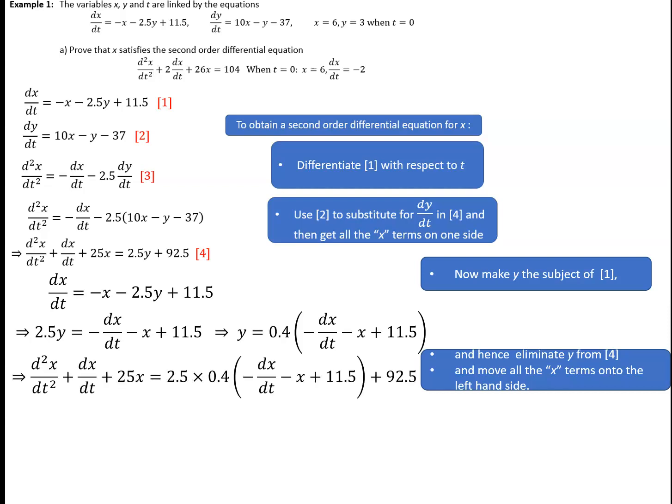So if we do that, we've now got d2x dt squared plus dx by dt plus 25x is 2.5 times 0.4, which conveniently comes out in this case just to be 1, times minus dx by dt minus x plus 11.5, add the 92.5.